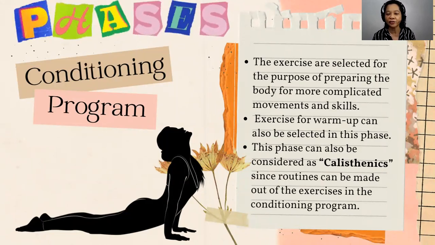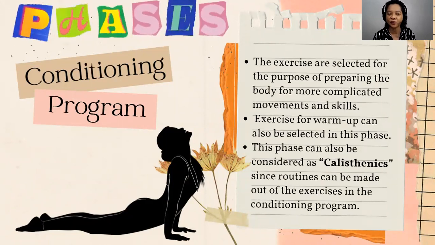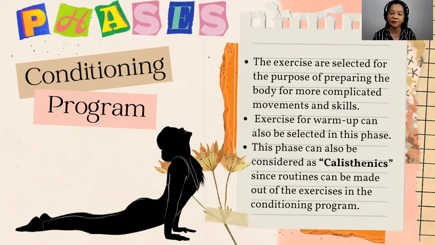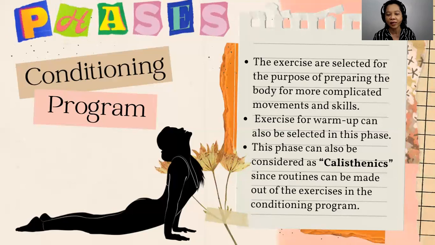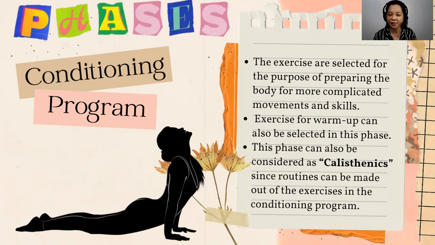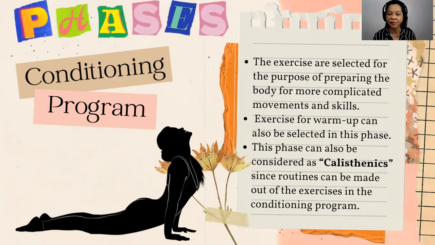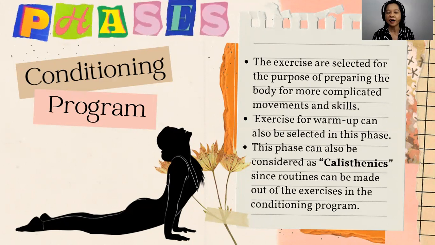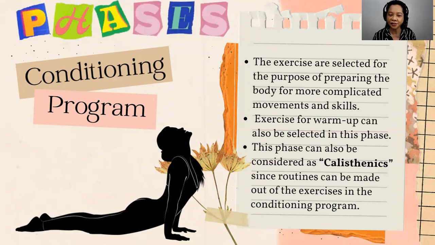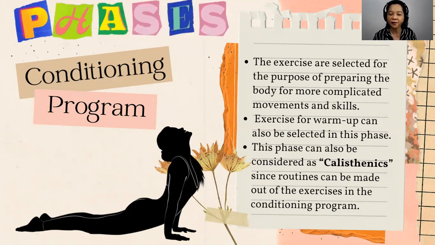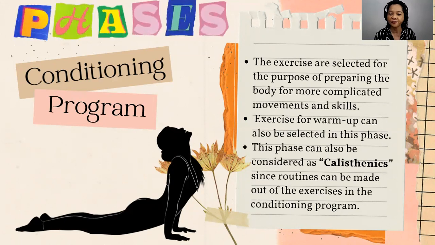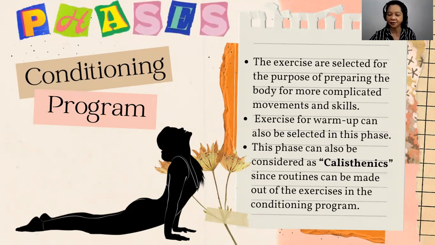Calisthenics is very different from aerobics. In aerobics, the focus of the exercise is the heart and the lungs, while in this one, the focus is on the different parts of the body, muscle toning, muscle strength, flexibility, and endurance. These physical fitness components can also be achieved through performing calisthenics exercises or movements.